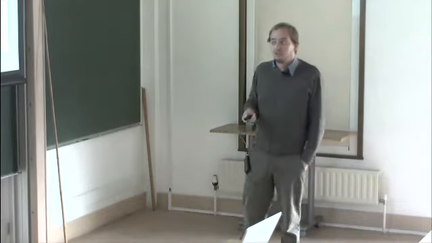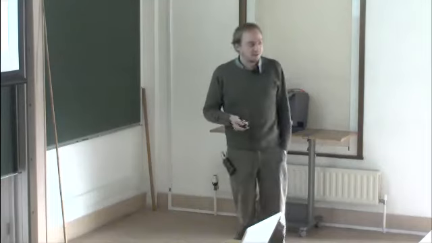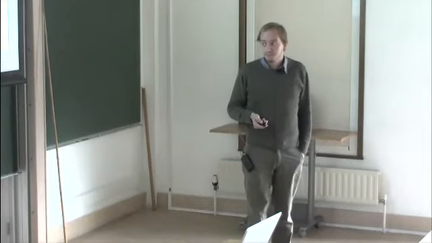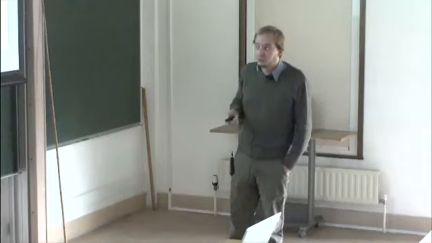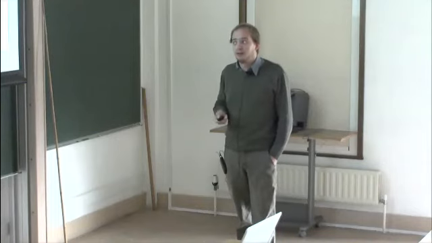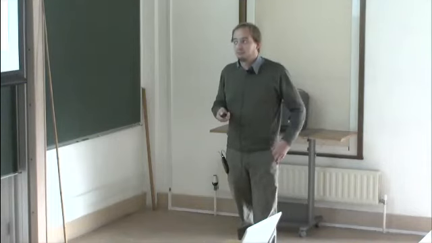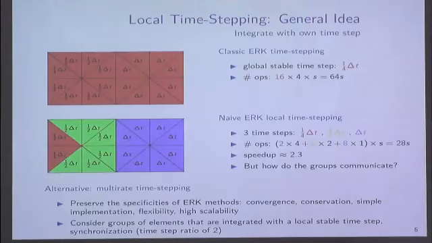So what we choose is to explore an alternative, which is multi-rate time stepping. These methods try to preserve the specificities of explicit Runge-Kutta methods and keep convergence, conservation, a simple implementation that is very important, flexibility, and high scalability. So we will consider groups of elements.